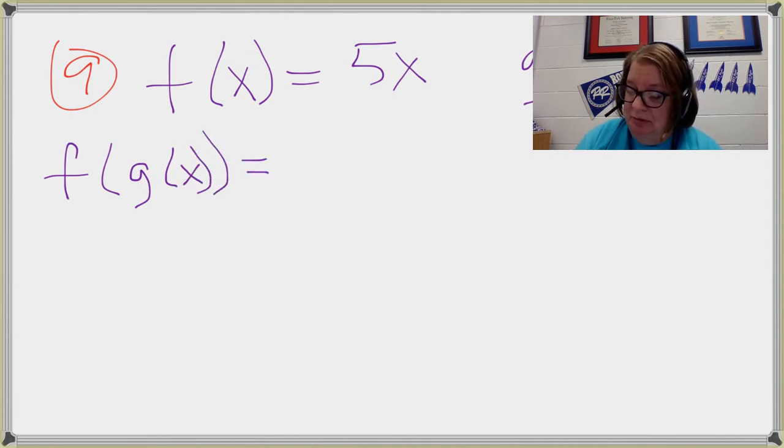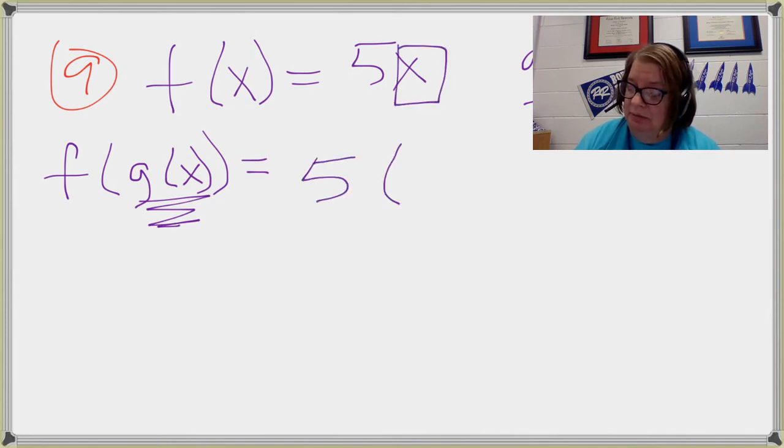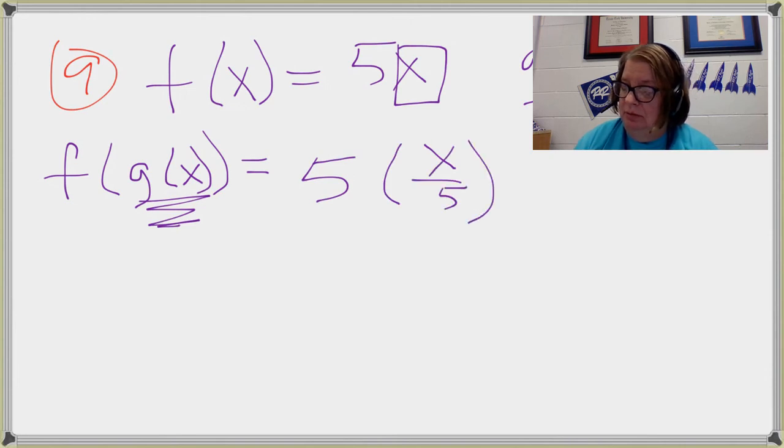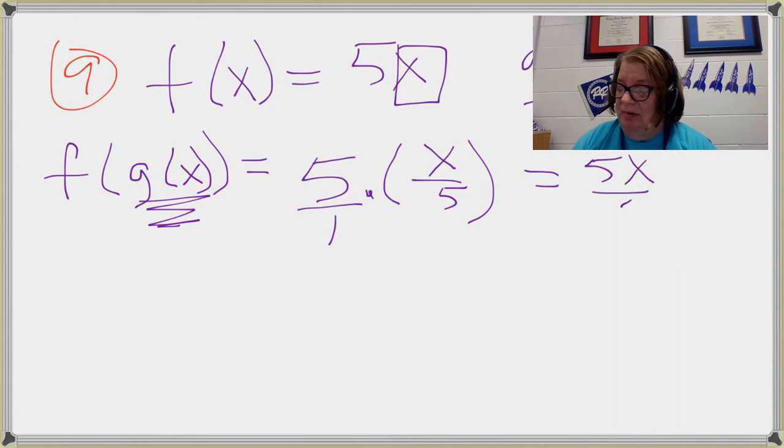What's in the parentheses? G of x. What is g of x? X divided by 5. Where am I going to plug it in? In place of this x. When you multiply these out, you get 5x divided by 5. Those cancel.